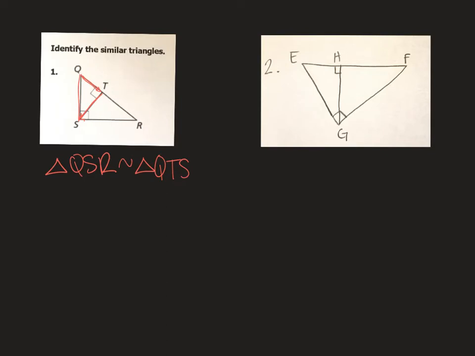And then do the same thing with that bottom right triangle. If we have a right angle on this side over here, then we know this is going to be a right angle. Our shorter leg is going to be ST. Our longer leg is going to be TR. And then we go across the hypotenuse. So S to T to R.